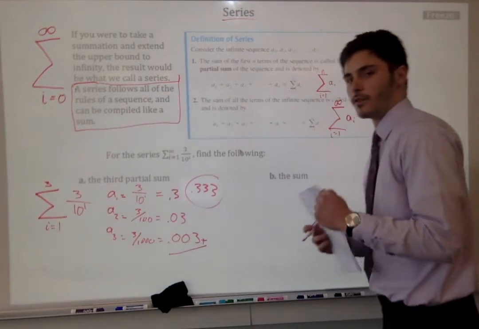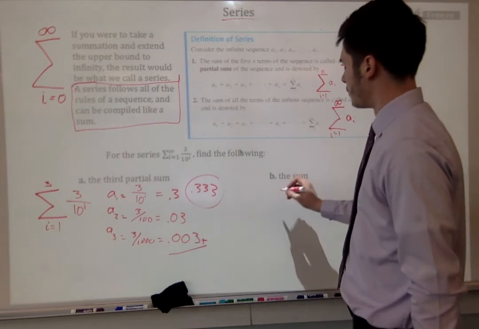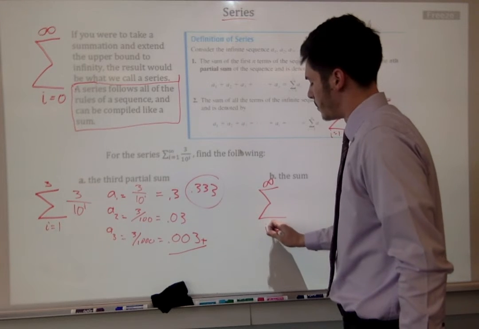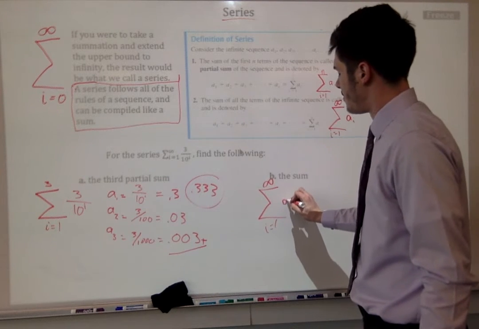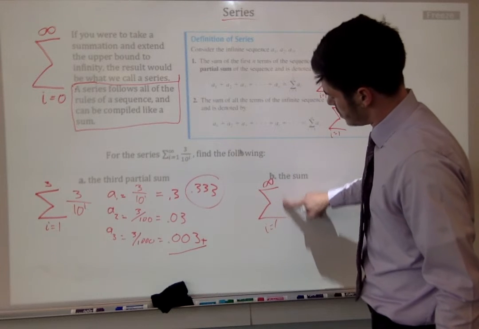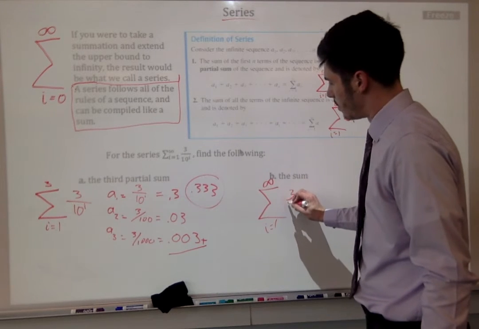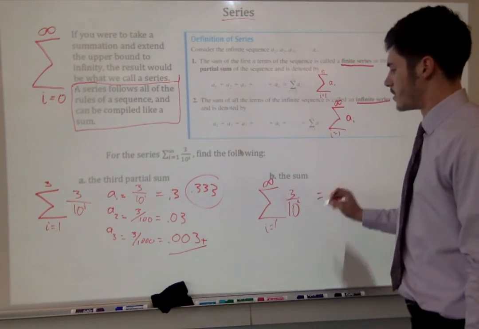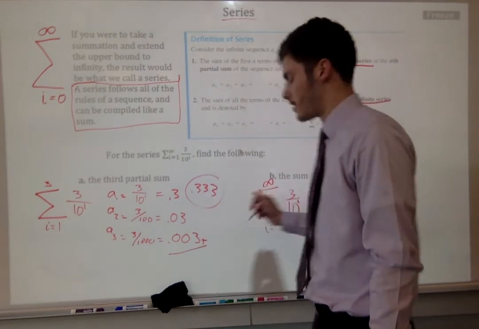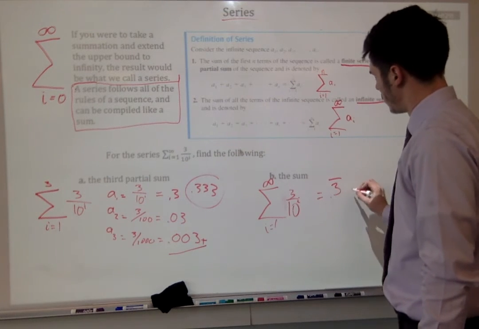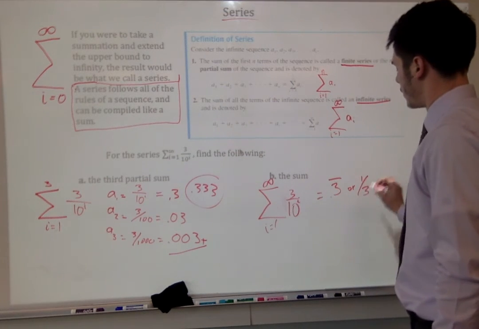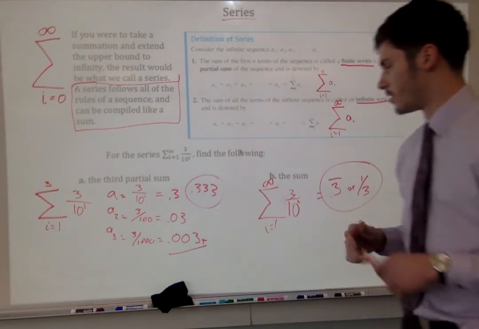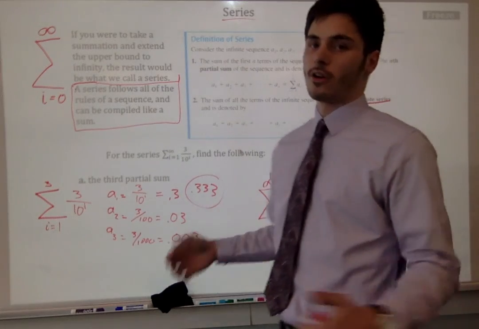And so that's when this infinite series comes into play, with our upper limit being infinity, lower limit being 1, in our function 3 over 10 to the I. You'll see if we continue this pattern, it would equal 0.3 repeating, or 1 over 3. So that's how we can use infinite sums and finite sums, and this is how they differ.